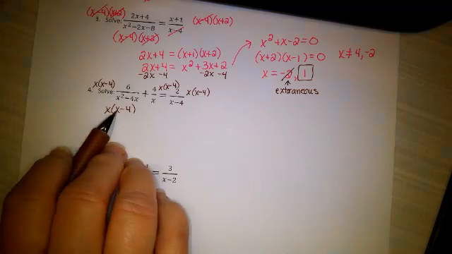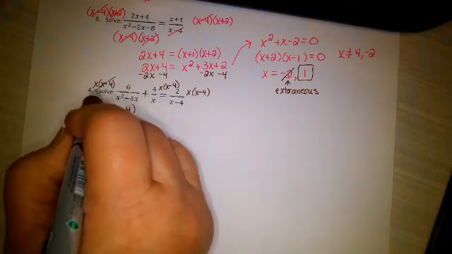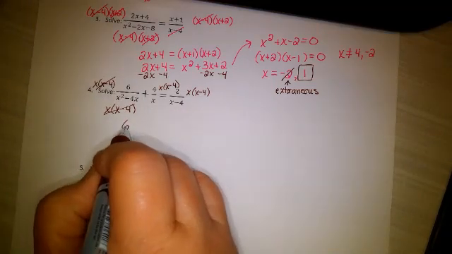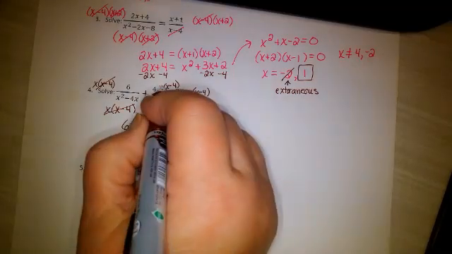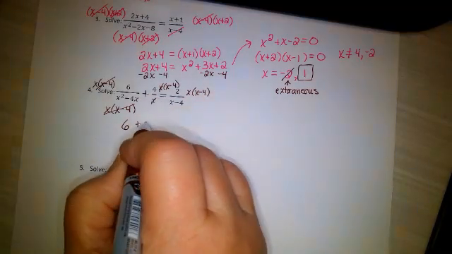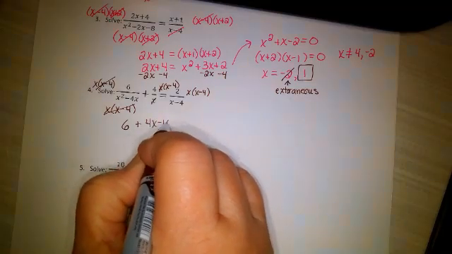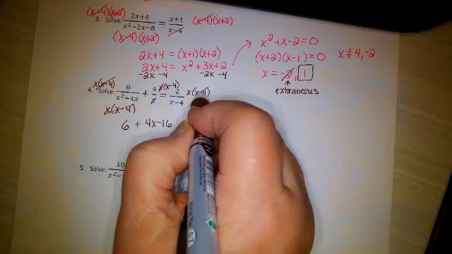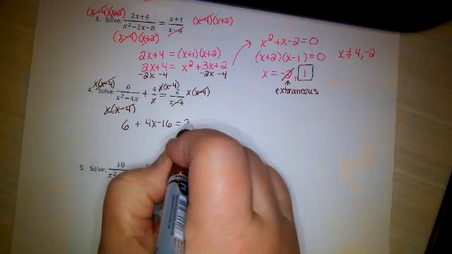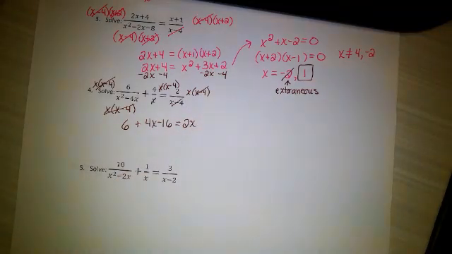So over here on the left, x and x minus 4 divide out completely, and I get 6. In the second fraction, just the x divides out, and I get 4x minus 16. And over on the right, the x minus 4 divides out, and I get 2x. Ta-da! No more fractions.